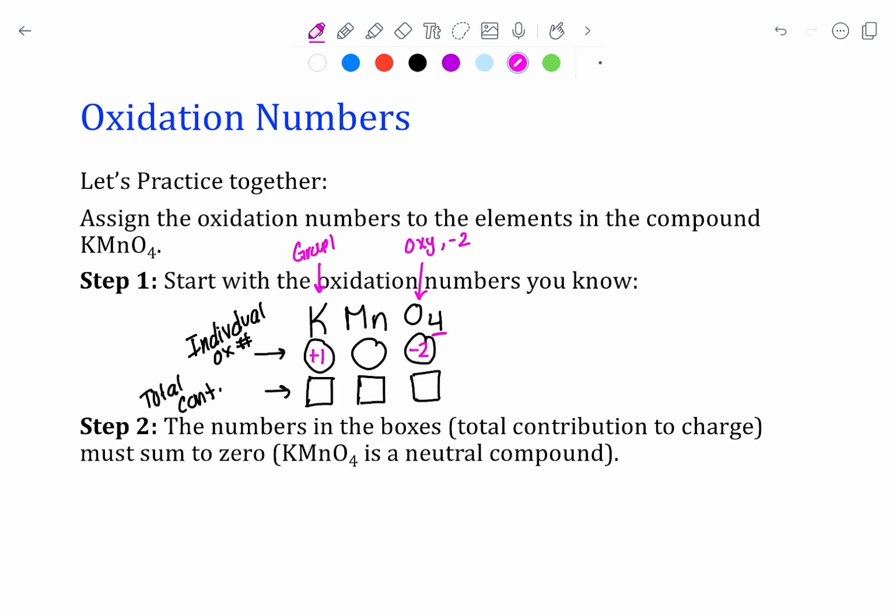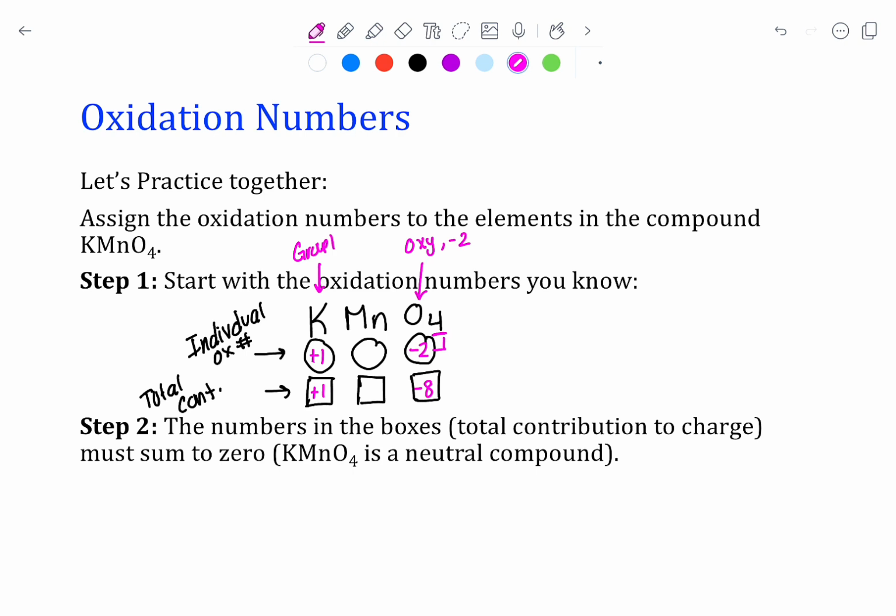So the total contribution of oxygen and its oxidation number to the entire molecule is going to be 2 times 4. So we would get a total contribution of -8. Potassium, there's only 1, so its total contribution is +1.